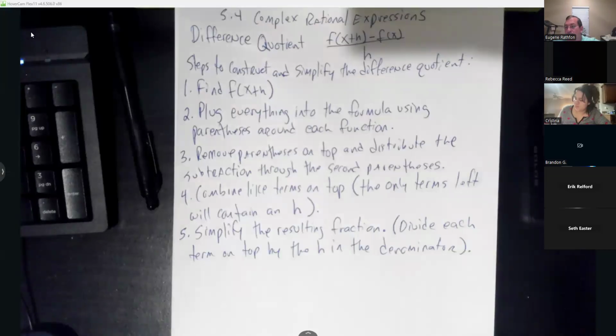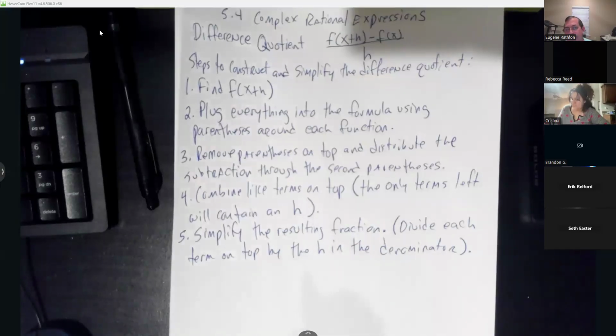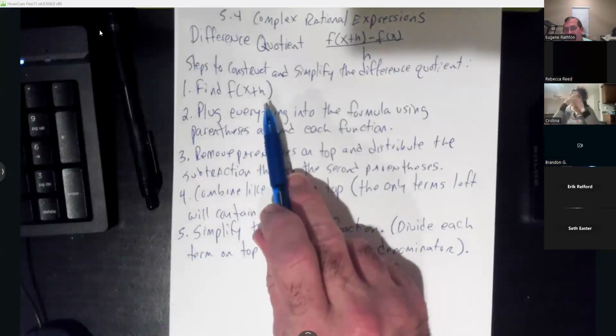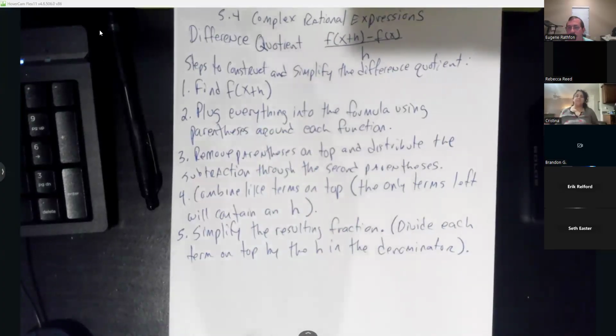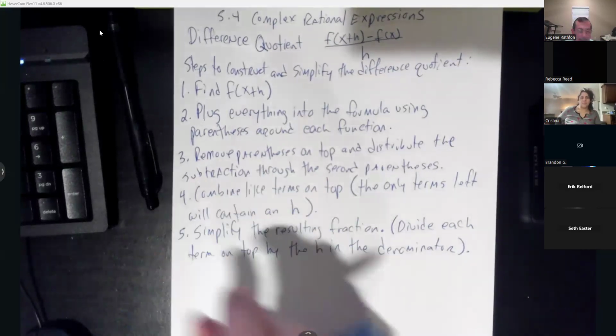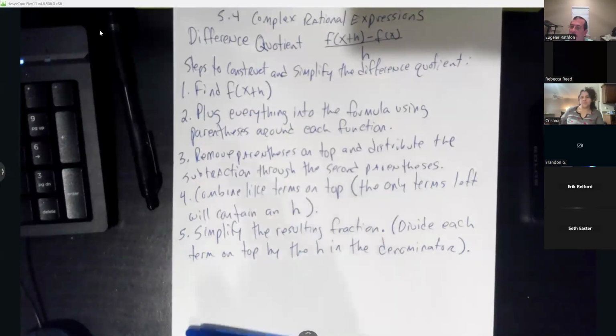If you got two terms, you're canceling an h from each of those terms, okay? All right, y'all, after I simplify the fraction, I'm done, okay? So the biggest step is getting that f of x plus h. Once we got f of x plus h, we're good to roll, okay? So let me let y'all write this down and then we'll get started on our first problem.